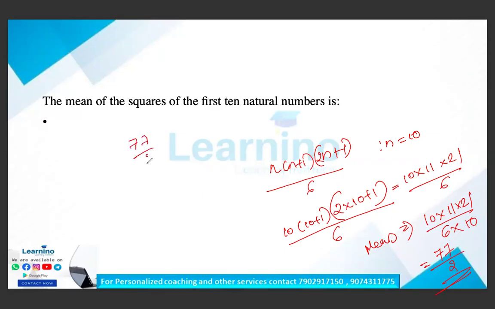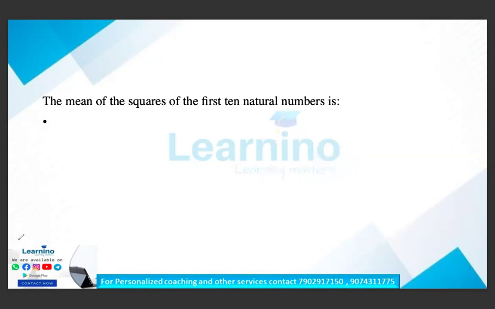The equation is n into n plus 1 into 2n plus 1 by 6. This is the sum of squares of first n natural numbers divided by the number of terms n, equal to the mean or average.